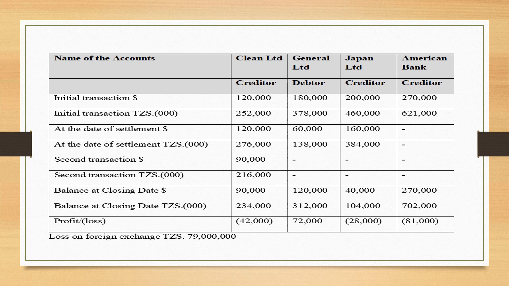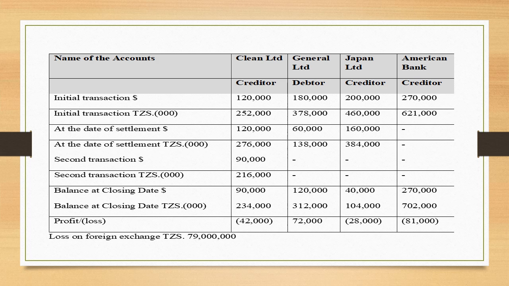The Japan creditor gets paid 160, which is equivalent to 384. So again, the second transaction, we make a purchase also of 90,000 from Clean Limited, which is equivalent to Tanzania shillings 260 million.